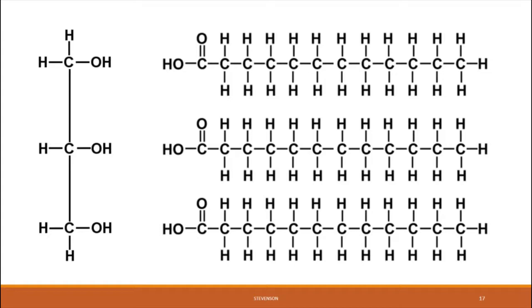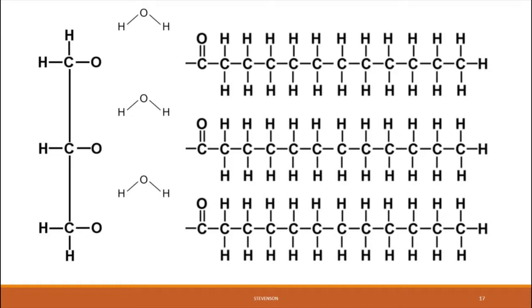Again, I'm going to highlight the atoms that are involved in these reactions. So within the glycerol, we have 3 hydrogen atoms, and within the fatty acid chains, we have combinations of hydrogen and oxygen. Overall, each of these sets of atoms will come together and form a separate molecule of H2O.